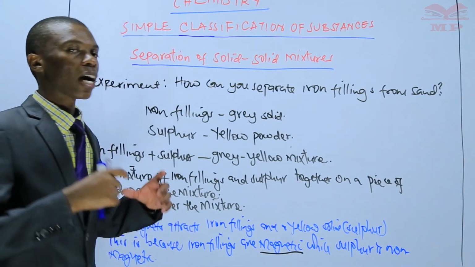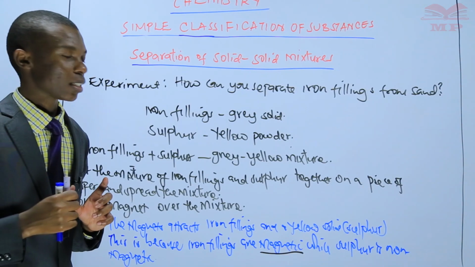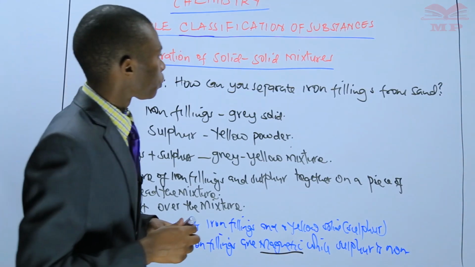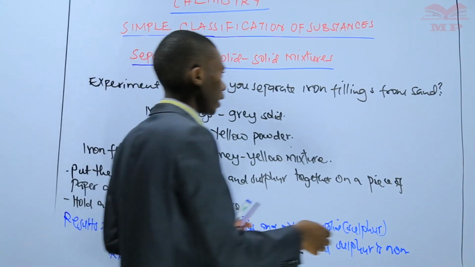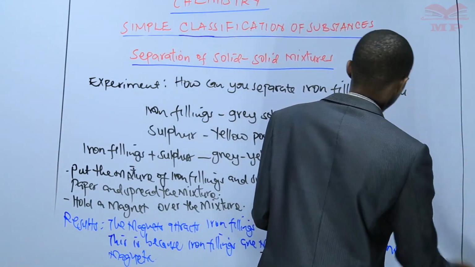Therefore, that is the method you can use to separate the mixture of iron filings from sulfur. Sorry, I made a mistake at the beginning. It was supposed to be sulfur, not sand.